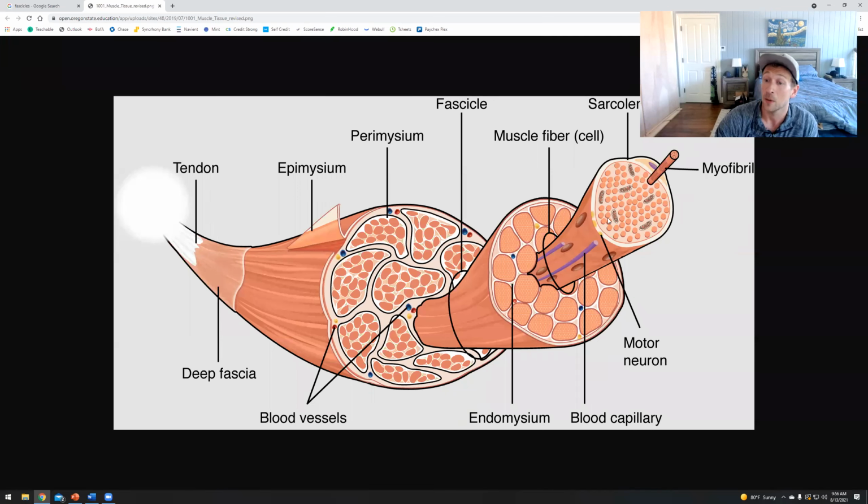They are proteins that have these really cool little contractile elements. There's a whole bunch of myofibrils bound together inside each individual muscle cell, and that muscle cell is bound together with other muscle cells. Then that fascicle is bound together with 1, 2, 3, 4, 5, 6, 7, 8, 9, 10 other fascicles, and all of that comes together to make up the belly of our actual muscle.